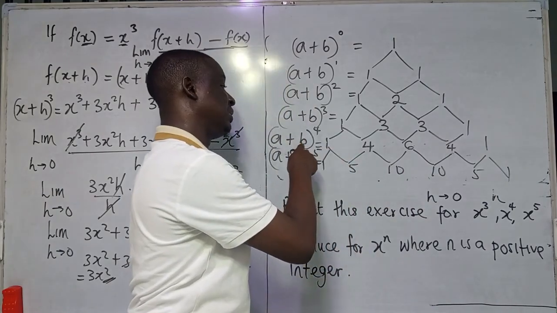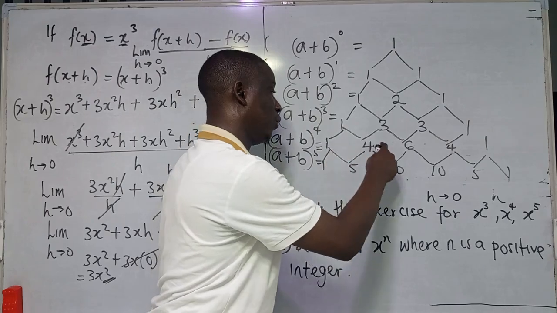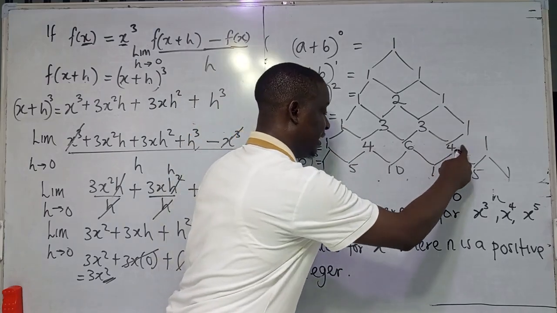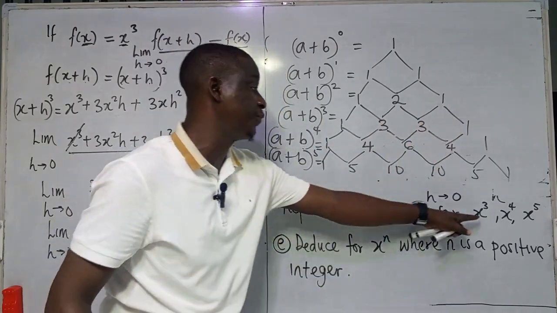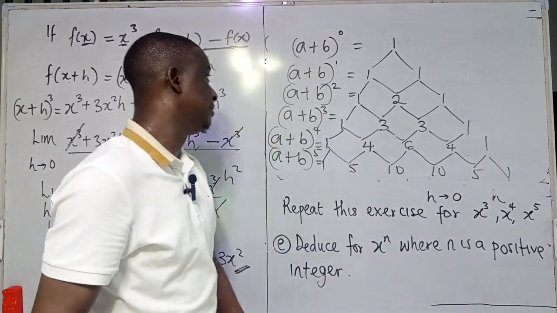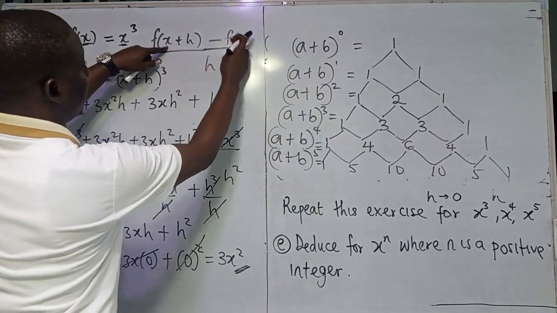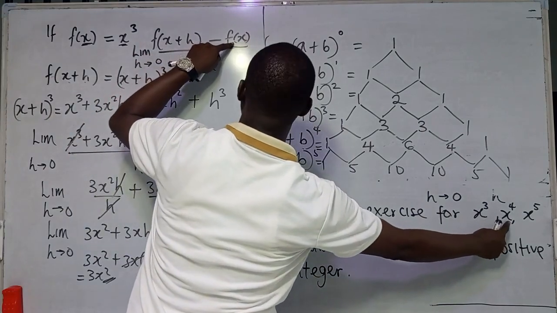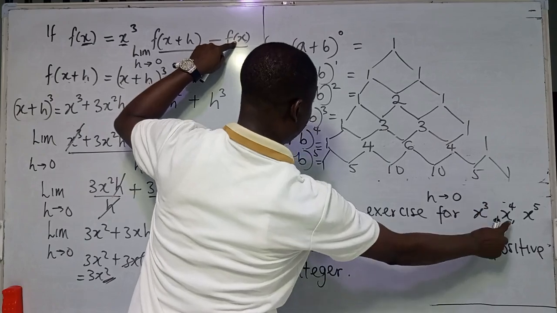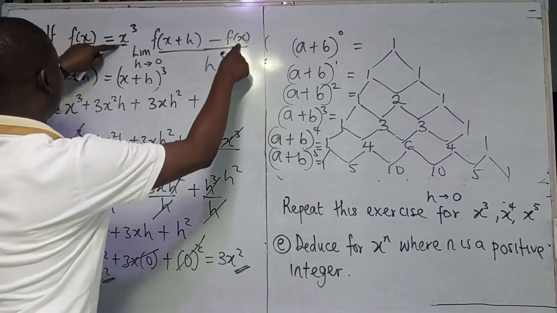Then this other one will start with h to the power 0, 1, 2, 3, 4. Then you put addition. Then substitute the function, f of s is equal to s to the power 4.